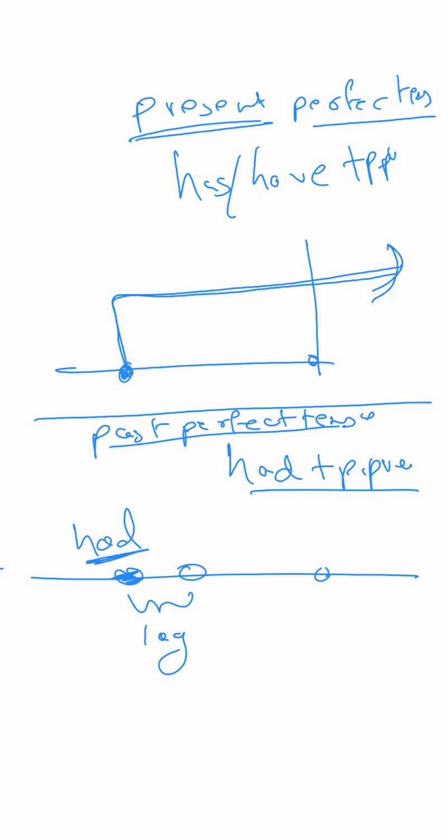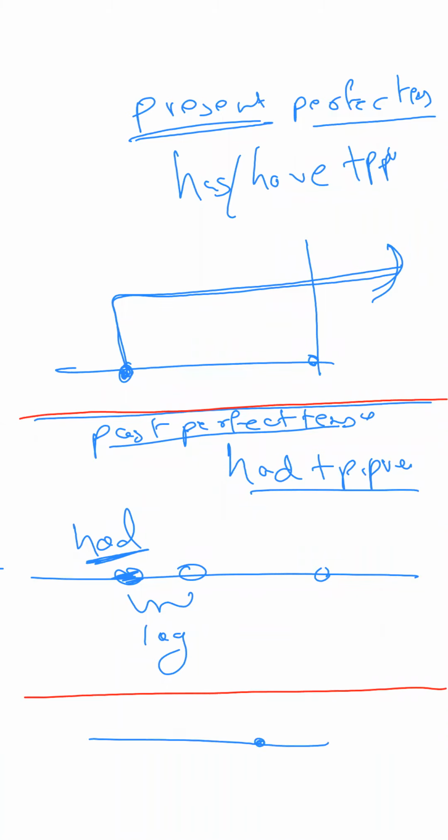Now the simultaneous one, thank you for asking. We'll make this crystal clear. These are three separate things. The simultaneous is not perfect tense. The simultaneous is just simple past. Like, I ate my food and sang a song. That means while I was eating, I sang the song, and both happened simultaneously.